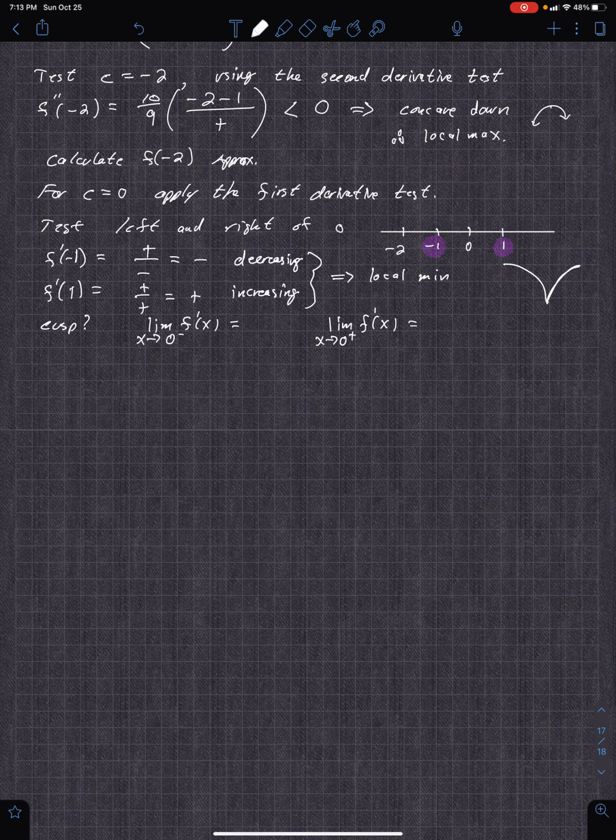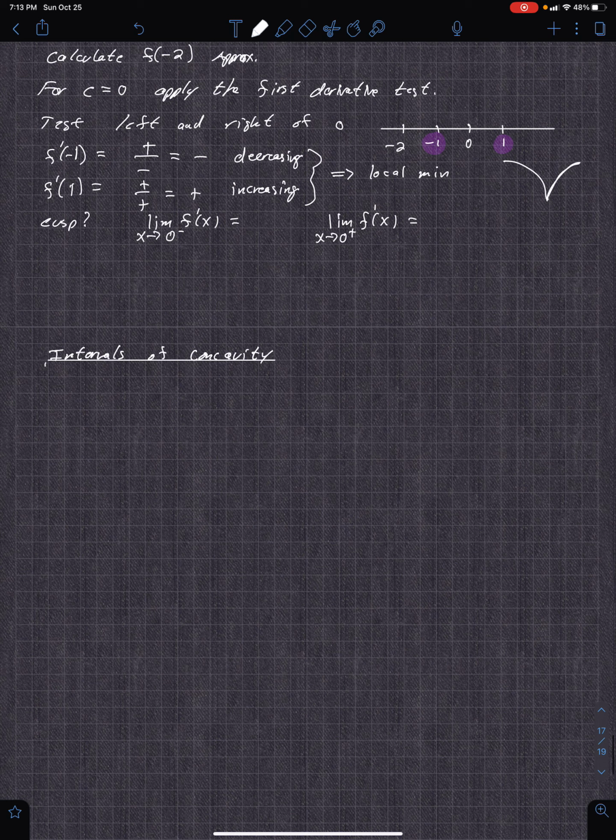All right, so then let's do intervals of concavity. We want to test around the possible inflection point. So it's negative infinity to 0, 0 to 1, and 1 to infinity.